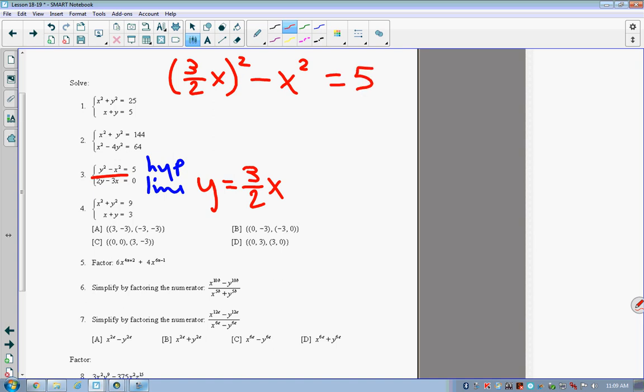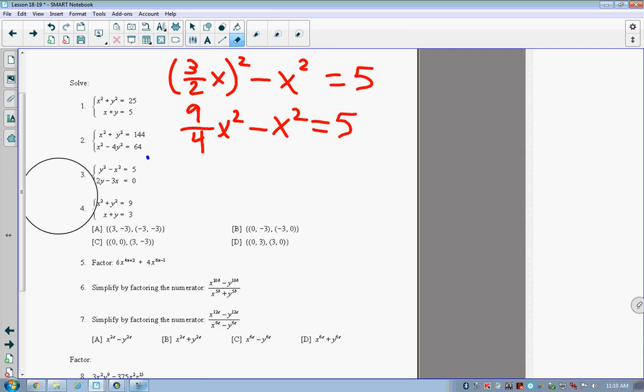Okay? Well, what's 3 halves squared as an improper fraction? 3 halves squared. What's 3 squared? What's 2 squared? 9/4 x squared minus x squared equals 5.